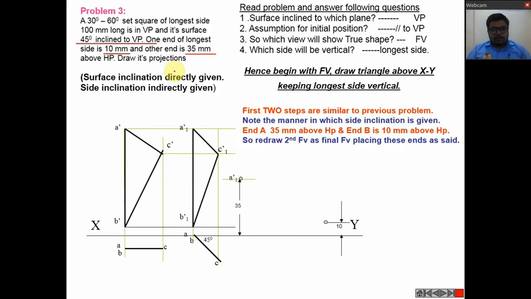So we will draw two lines here actually. Draw one horizontal line here and another horizontal line here. Then mark A1 point here, A1 dash. We know the distance A1 dash to B1 dash. So take A1 dash as a center, then A1 dash, B1 dash as a radius and make an arc here. So by making an arc which will cut this horizontal line, you will get the second point, that is B1 dash.